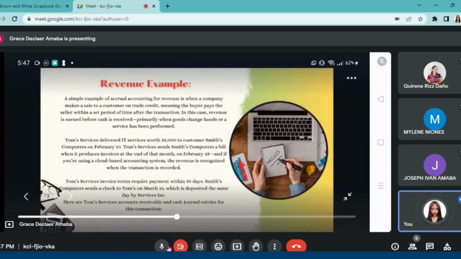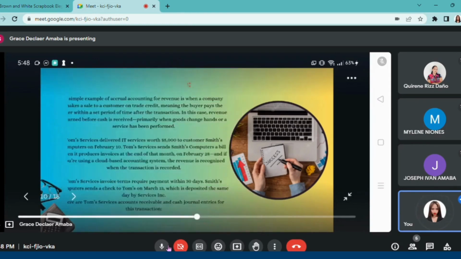Tom's Services' invoice terms require payment within 30 days. So Smith Computers sends a check to Tom's on March 15, which is deposited the same day by Tom's Services Inc. Here are Tom's Services' accounts receivable and cash journal entries for this transaction.